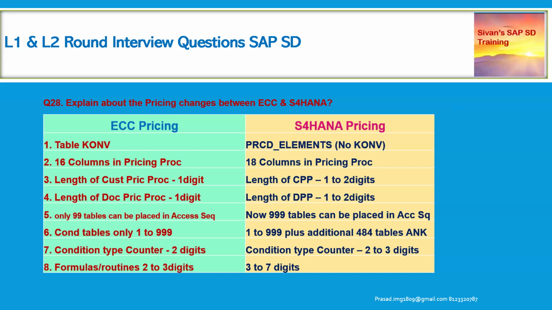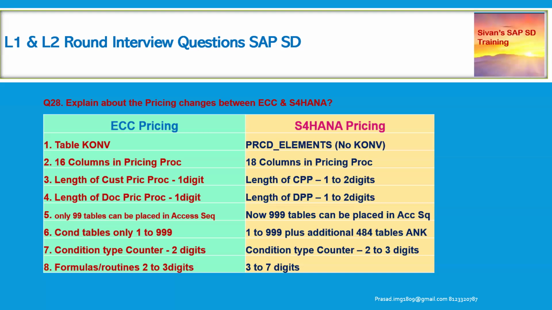The length of customer pricing procedure and document pricing procedure condition type counter has been increased from 1 digit to 2 digits in S4HANA. And earlier in ECC pricing, we could only keep 99 tables in an access sequence, whereas in S4HANA now, the system will allow us to place 999 tables.